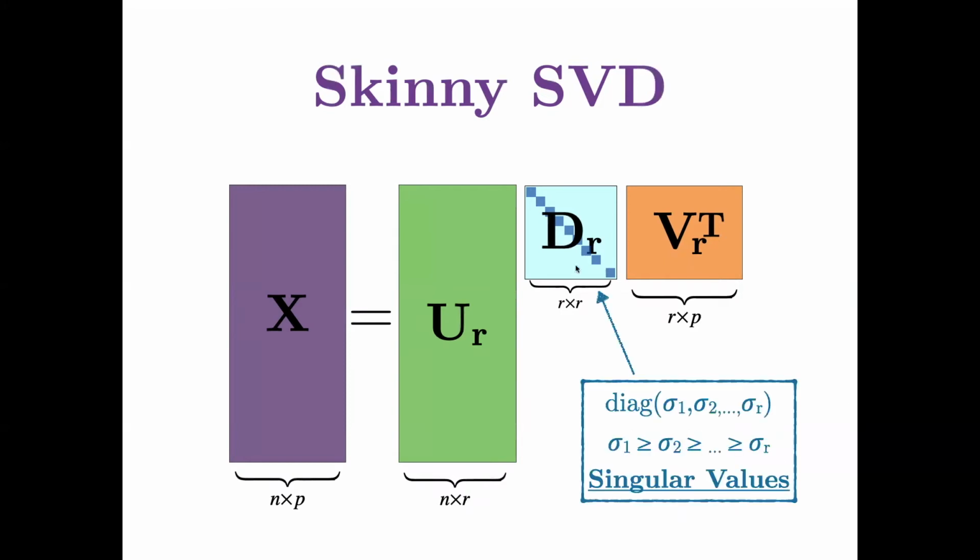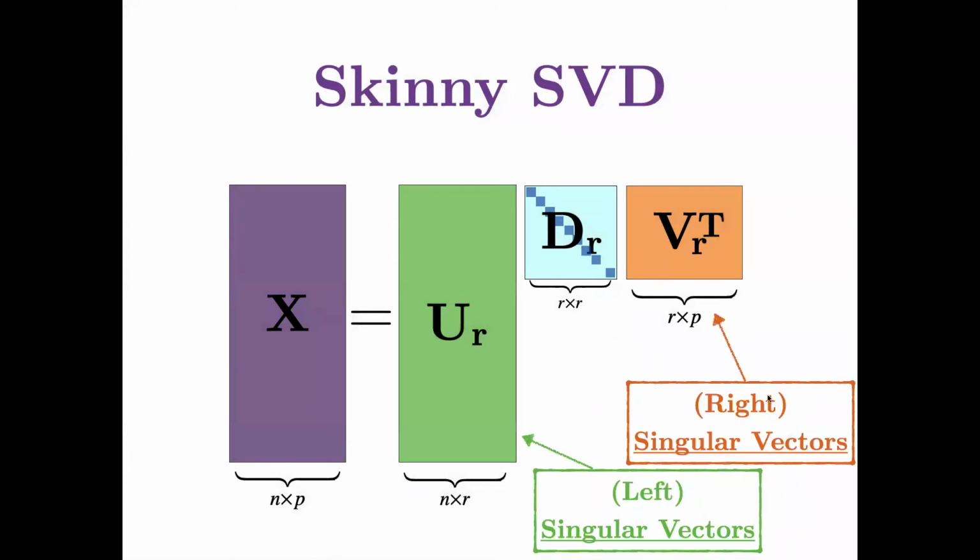Now, the elements along the diagonal of this diagonal matrix are called singular values. Singular values are always ordered from largest to smallest, and they are greater than 0. V contains the right singular vectors, and U contains the left singular vectors.